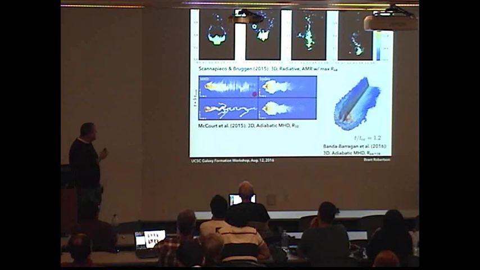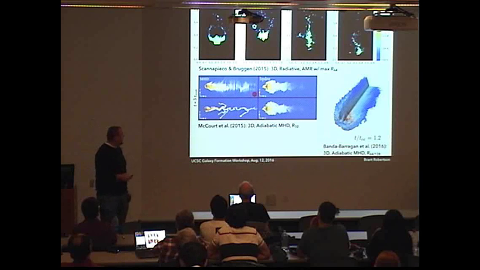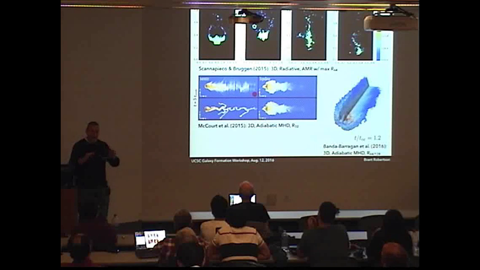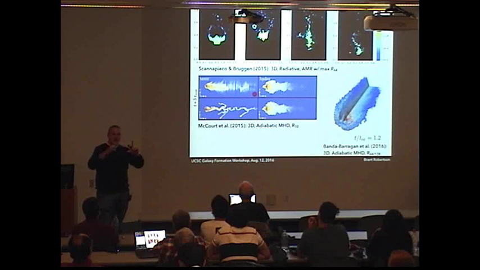And then recently, Scannapieco and Bruggen, and then also they've done some more work recently that I'll tell you some about. They did 3-dimensional radiative simulations with AMR, and they were interested in how this material gets shredded. So they took a simulation of a box around the cloud, and they hit it with a wind, and then they moved the box along with the cloud.